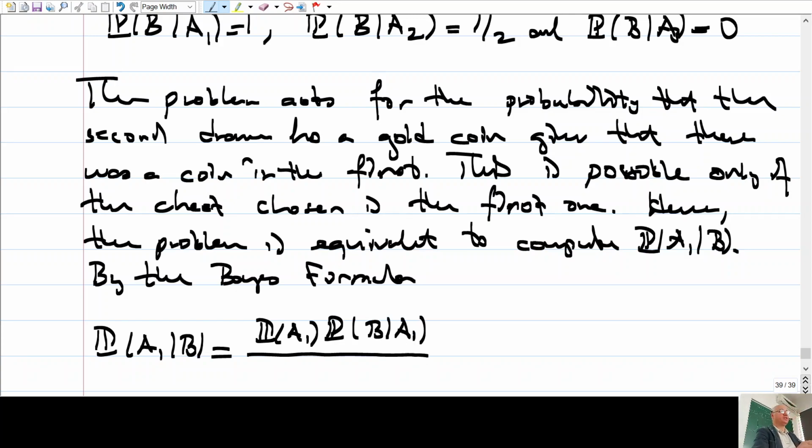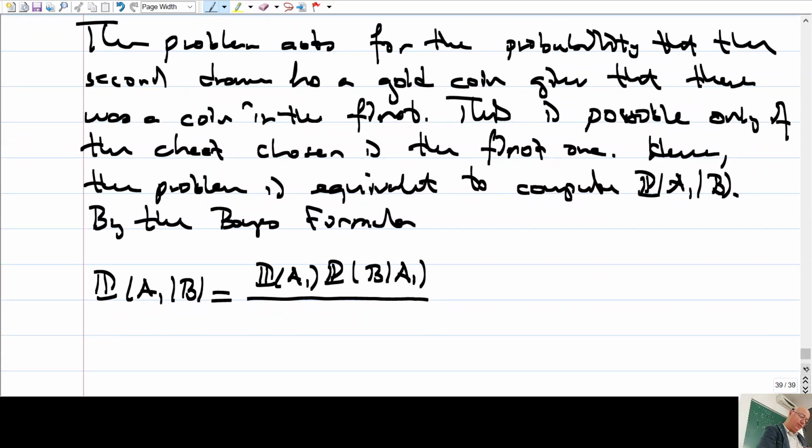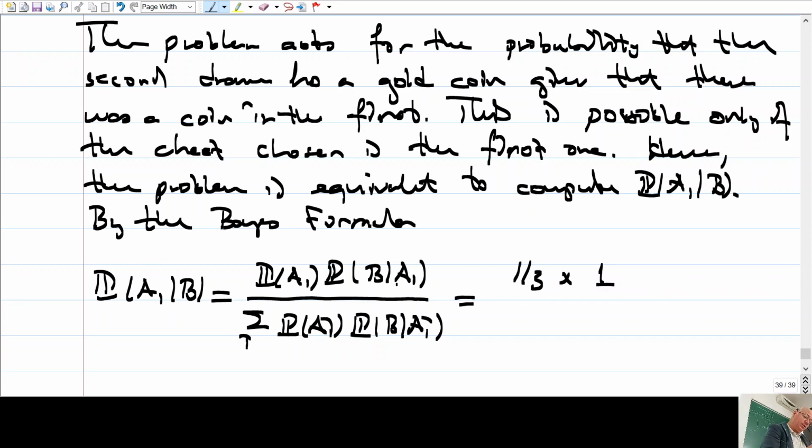Bayes formula just replaces the places of A and B. Well, the probability of choosing the first chest is 1 over 3, and this probability is just 1 because both drawers have gold coins.